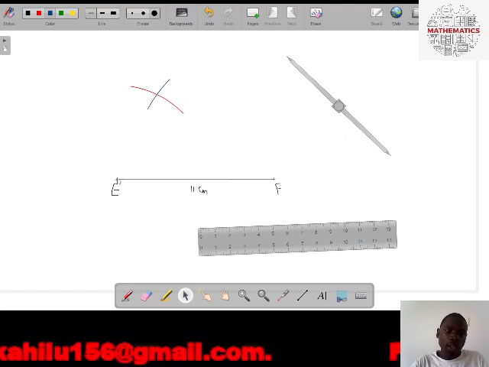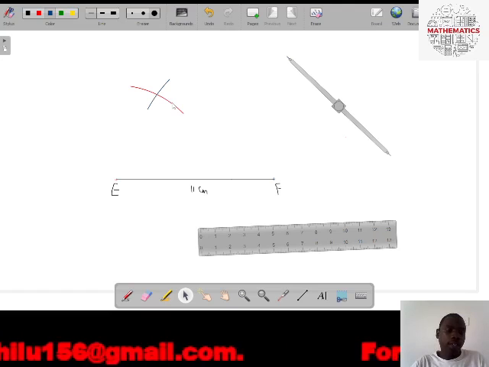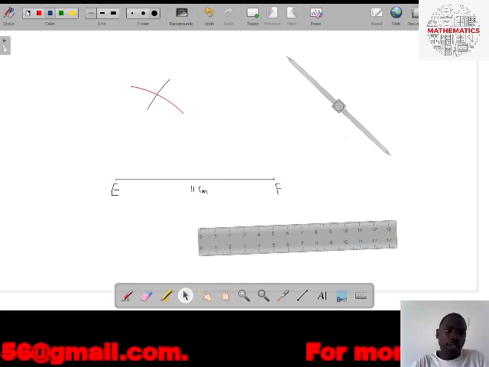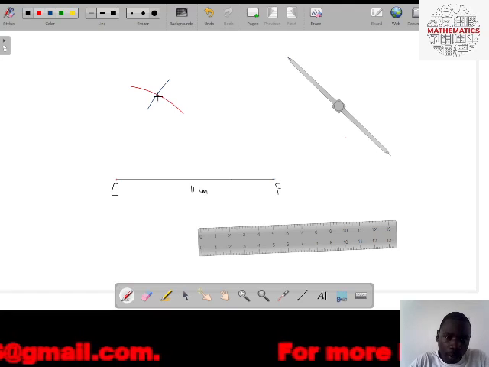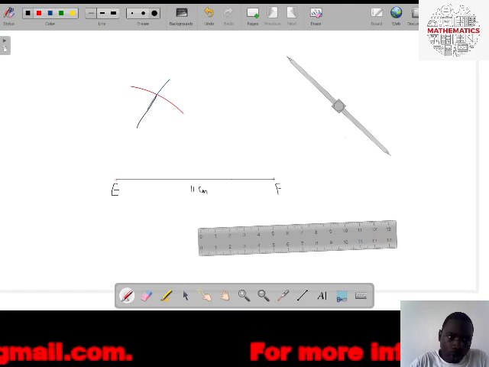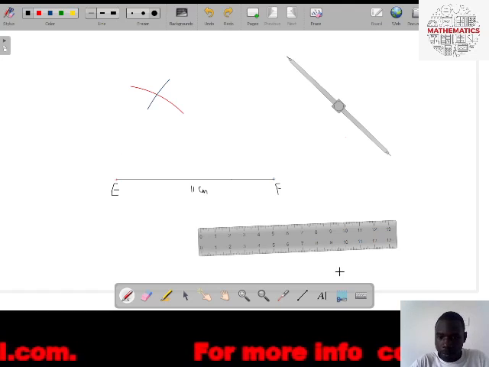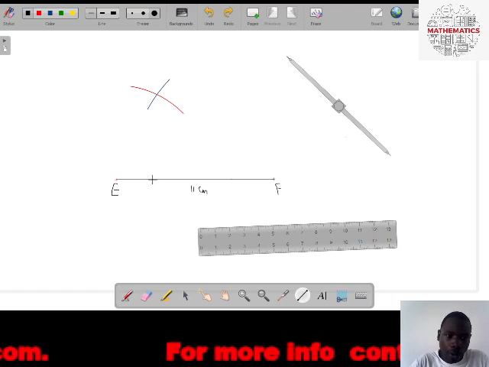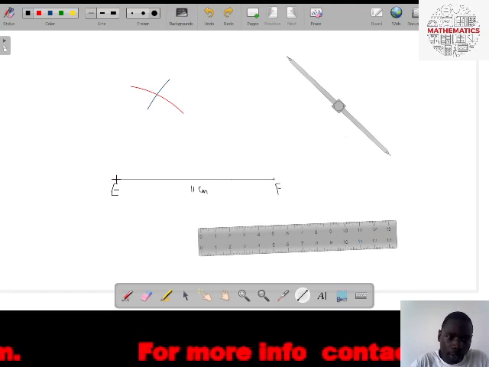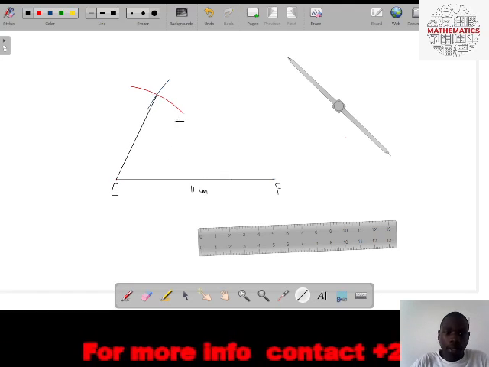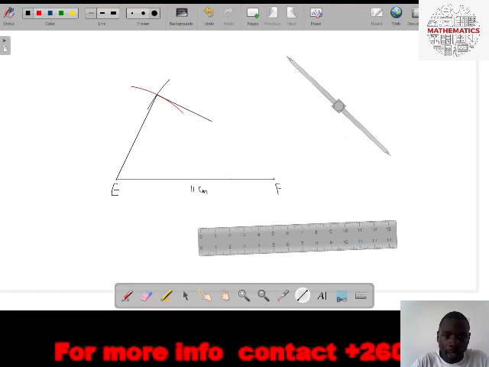From E to the red one, that is 6.5. So now what we can do is join the points. We're going to join the two points like this, and then the other point like that.